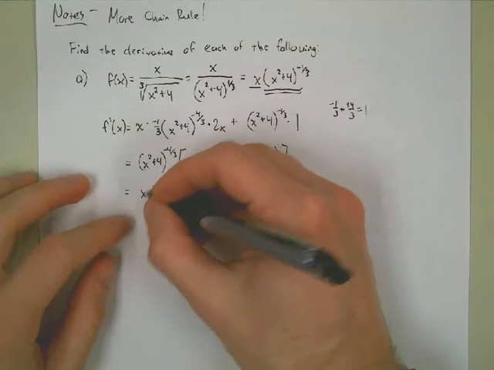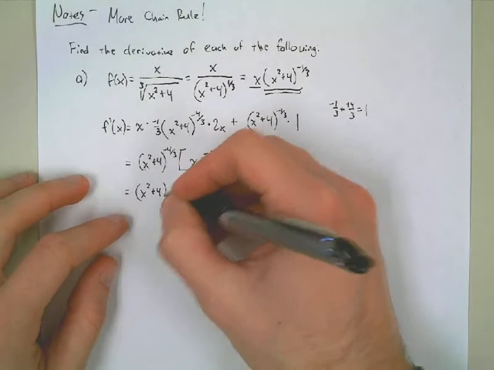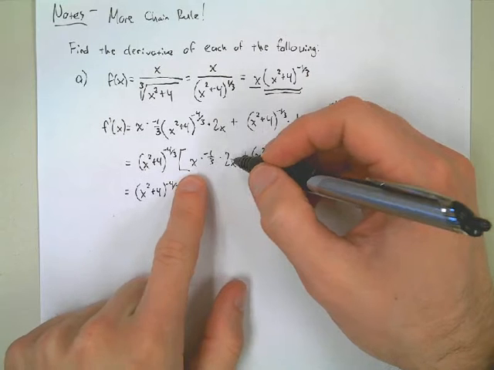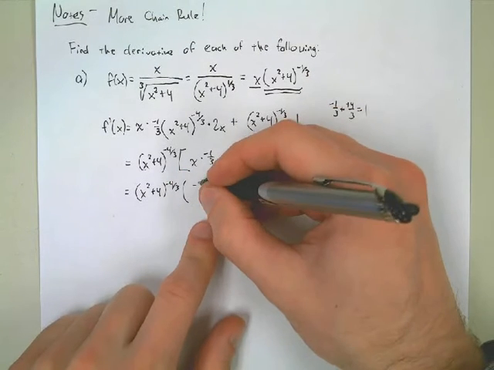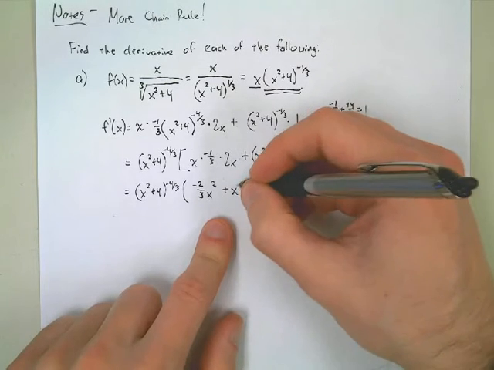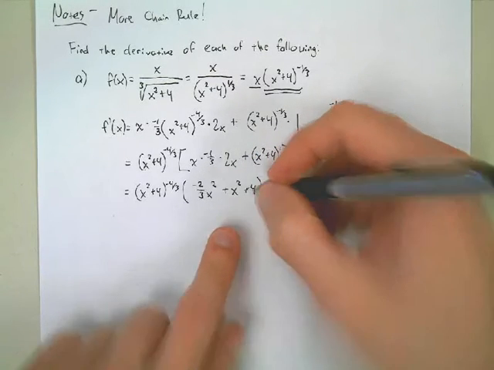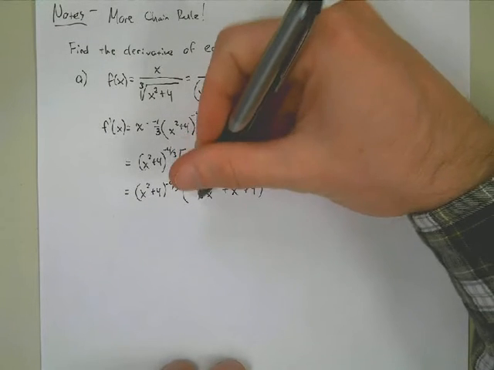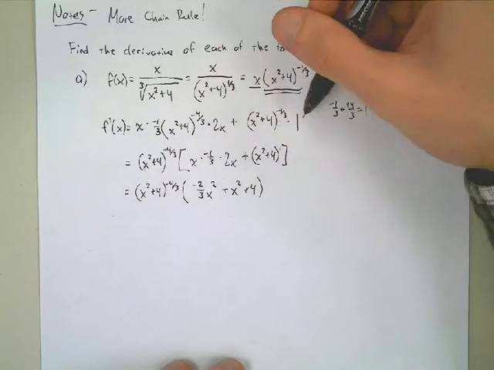So x squared plus 4 to the negative 4/3, and then let's see here. 2x times x, 2x squared times negative 1/3. So we have negative 2/3 x squared plus x squared plus 4. Right? Negative 2 times negative 1/3, negative 2/3, x times x gives you x squared, plus x squared plus 4 because they're raised to the 1 power.